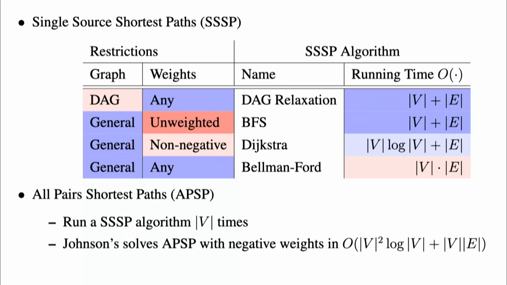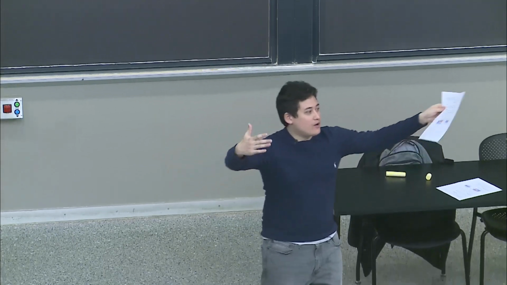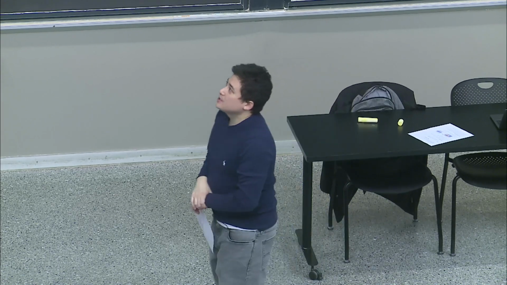BFS explores things in levels, right? Increasing in the number of edges as we go out, and I just process all of the ones in the same level at the same time.